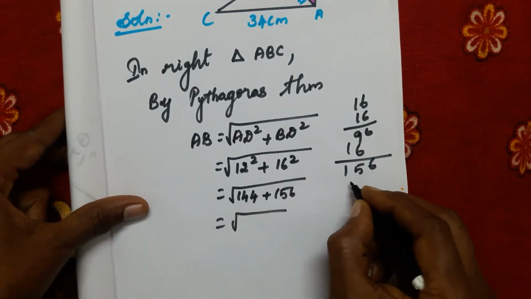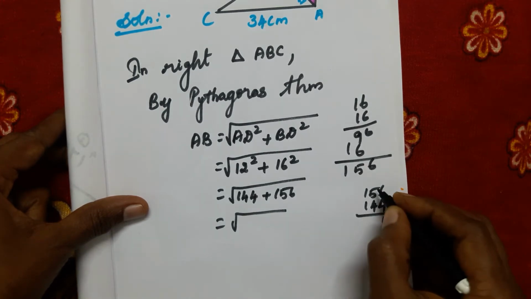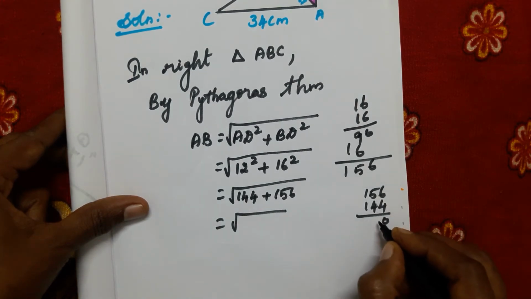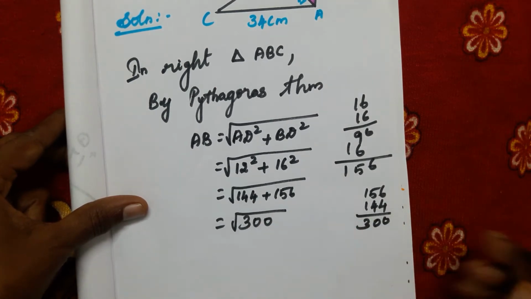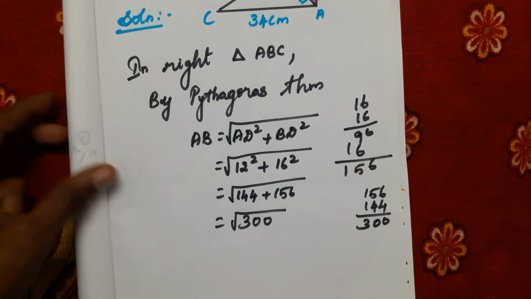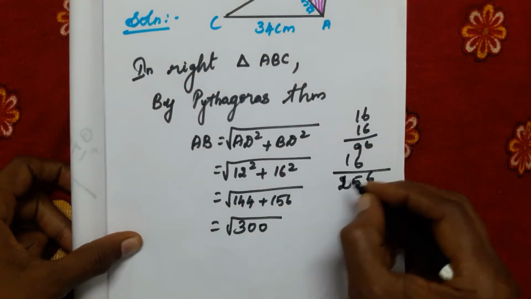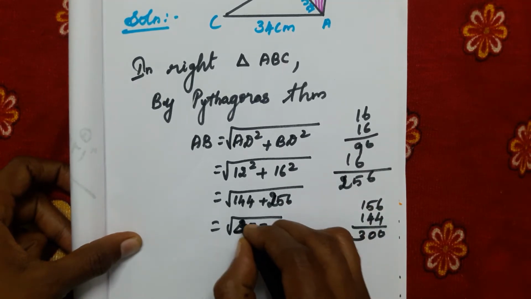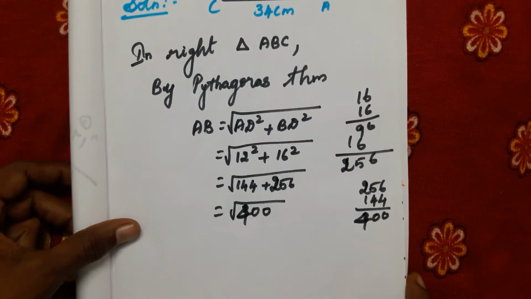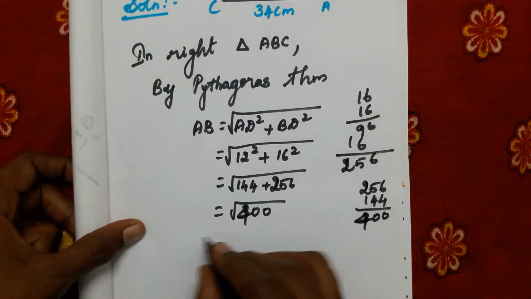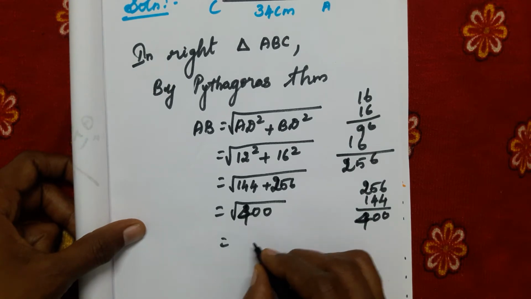Next, when we add 144 plus 256, it is equal to 400. So AB is equal to root 400.